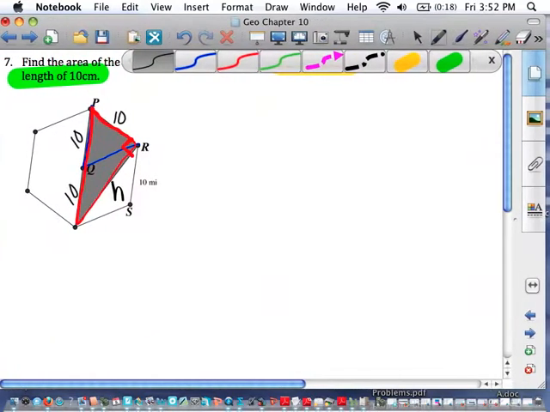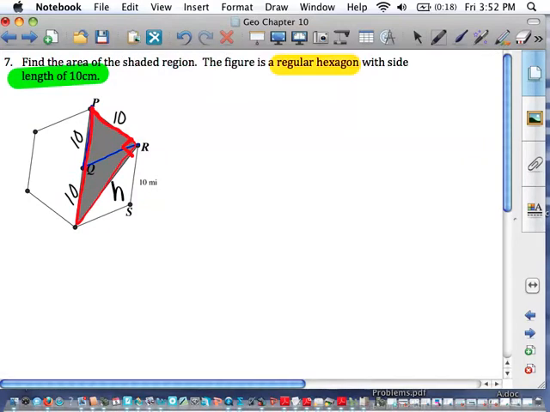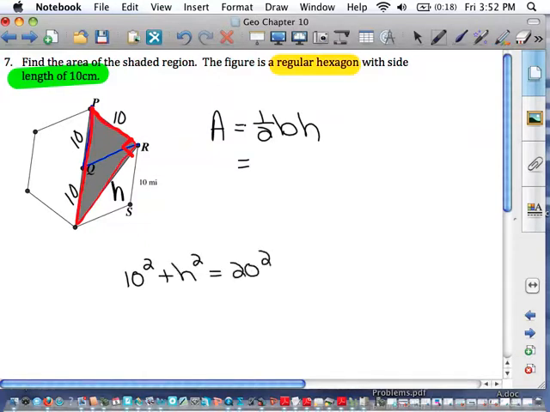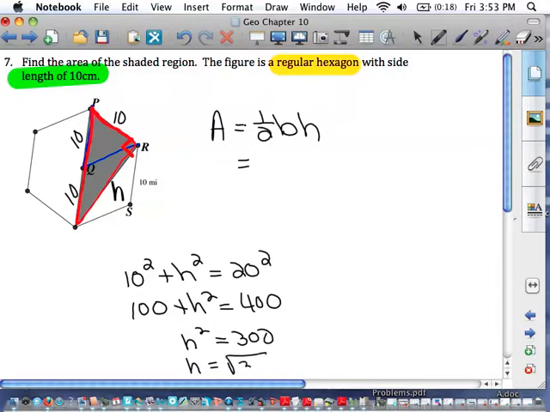So the area of this shaded region actually turns out to be the area of a right triangle. So 1/2 base times height. But I have to use the Pythagorean theorem to find the height. So I have 10 squared plus h squared equals 20 squared. 100 plus h squared equals 400. h squared equals 300. So h equals the square root of 300.